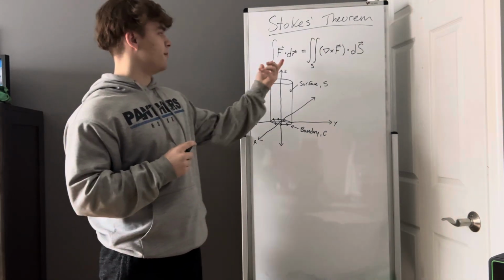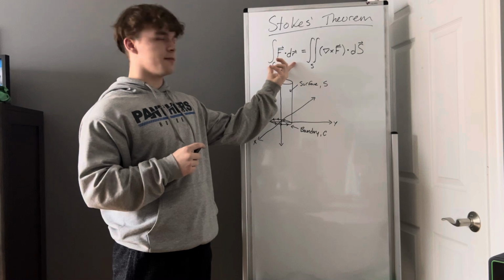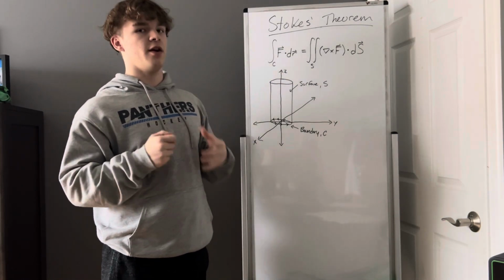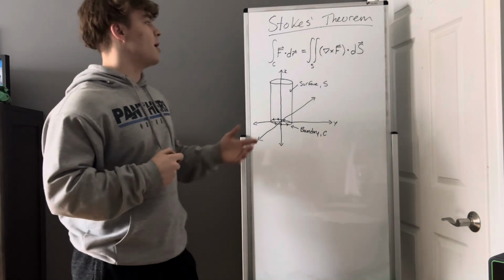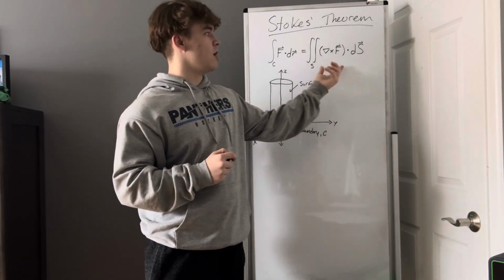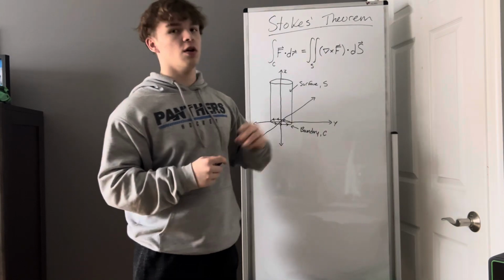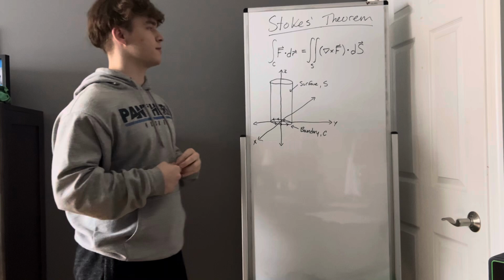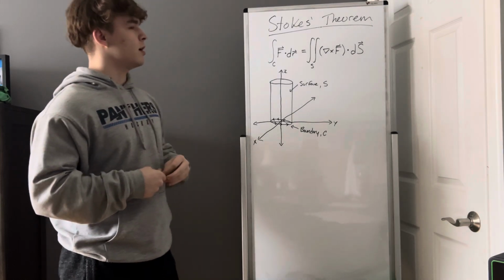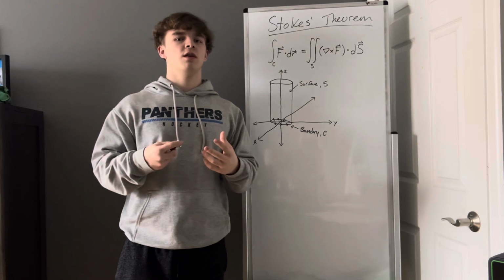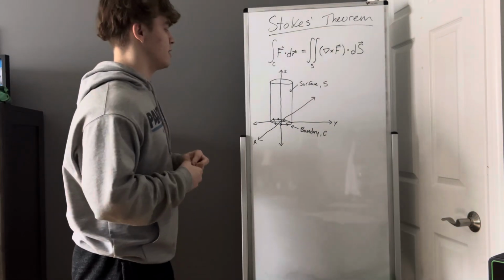It tells us that we can evaluate a line integral that may be very, very complicated by just representing it as a surface integral where we take the curl of the vector field. These would be the same vector field. Now you might wonder, how can we take a random surface integral from a line integral?